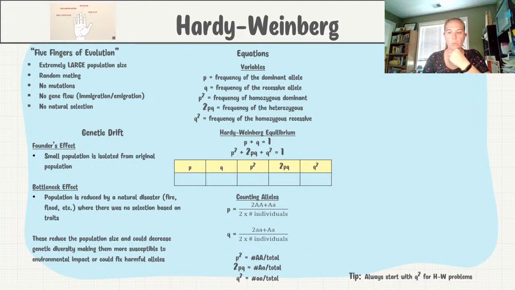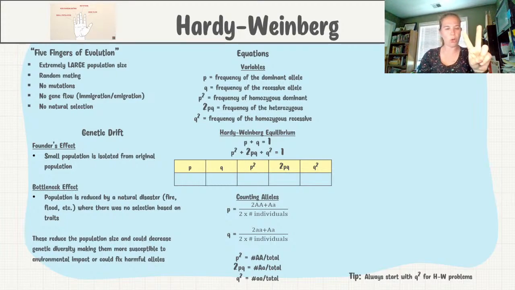The second question I was asked is, why do you always start with Q squared? Why not start with P squared? So if you know that it's homozygous dominant, then I guess you probably could start with P squared because that's fine. But if they're telling you that, say, 45% of the population is the dominant trait, let's say we're looking at black fur versus white fur, and black fur is a complete dominant trait, so we're looking at 45% that are either homozygous dominant or heterozygous.